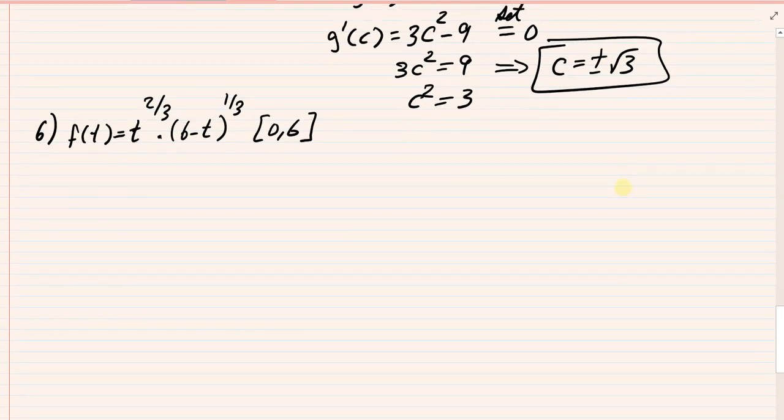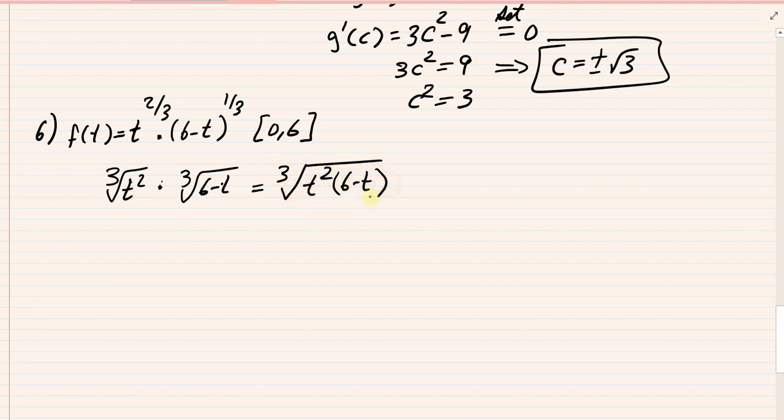Again, here you have a case of a function. The first one is the cube root of t squared, which is continuous and differentiable from 0 to 6. And the next one is the cube root of 6 minus t. So put together, this is the cube root of t squared times 6 minus t.